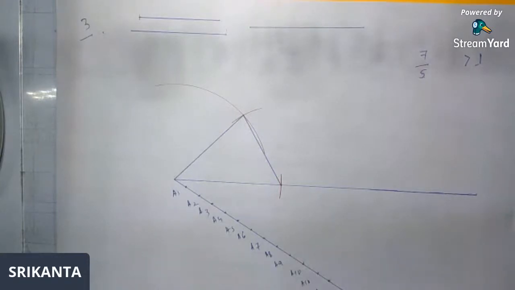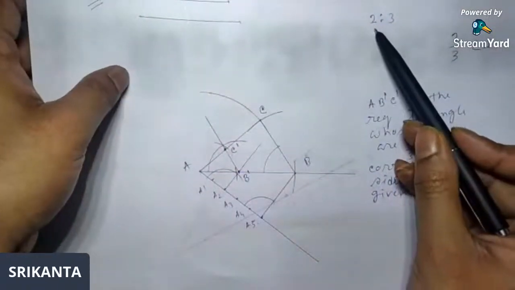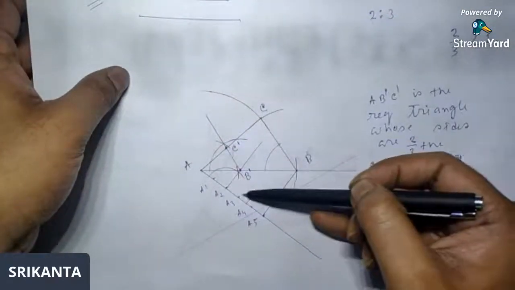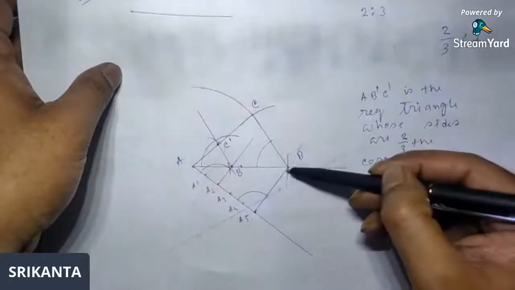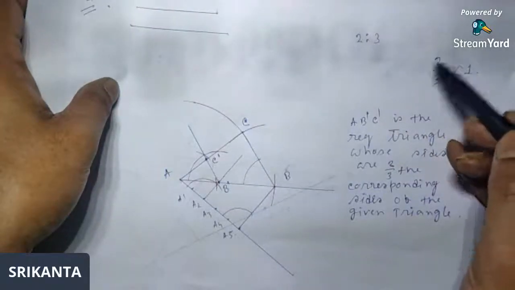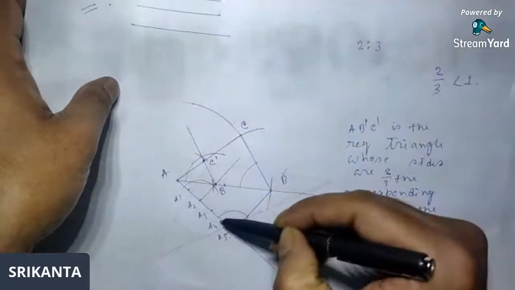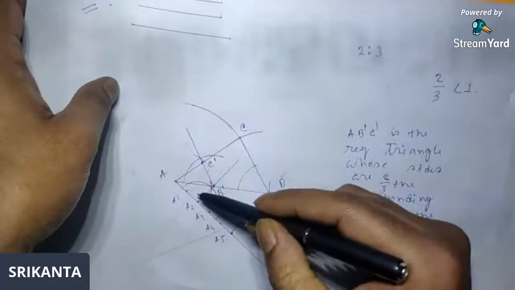In our previous question, let us take again, we had 2:3. So we had to join the last point, 5th point with it. And then in 2, we have imitated the angle which we have found here.